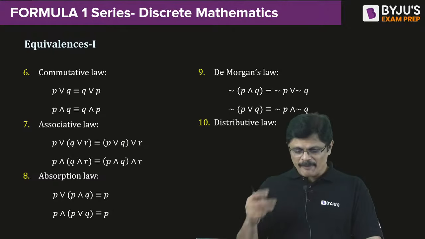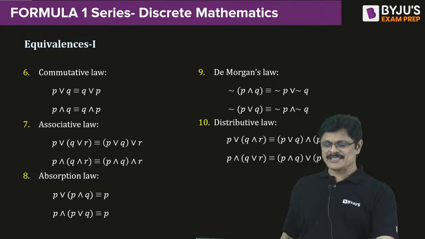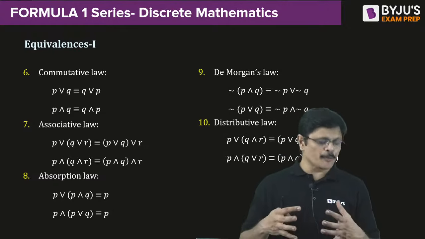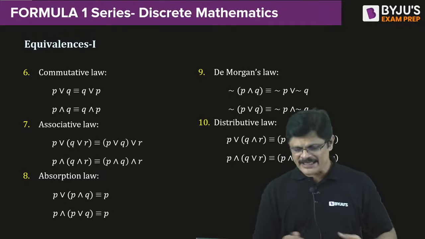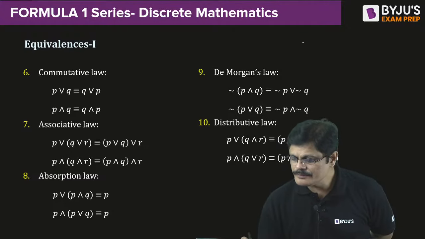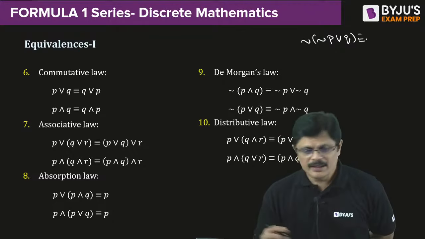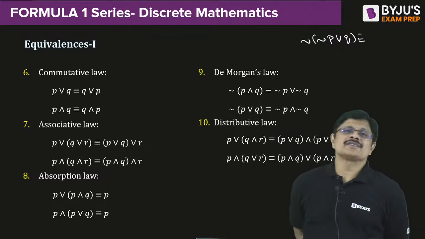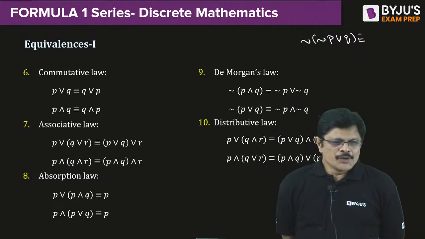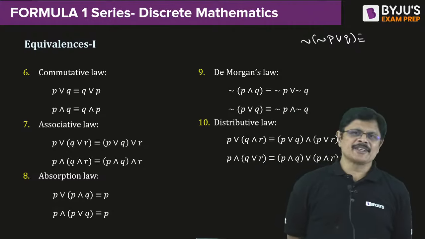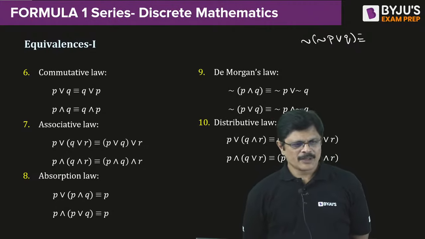Mostly people practice these rules like this, but this is not the way to practice, sir. You have to practice them properly. For example, you know, this is also De Morgan's law. You can apply De Morgan's law. What is the answer for this?